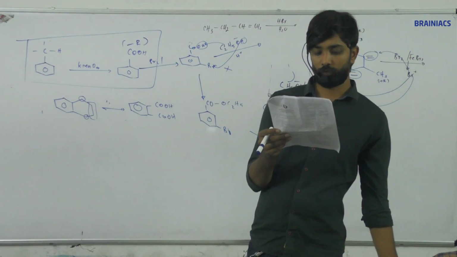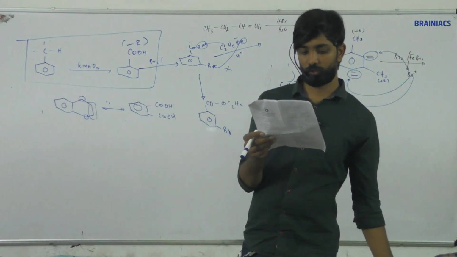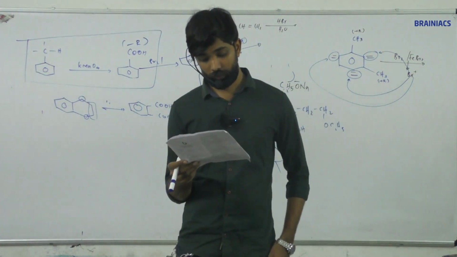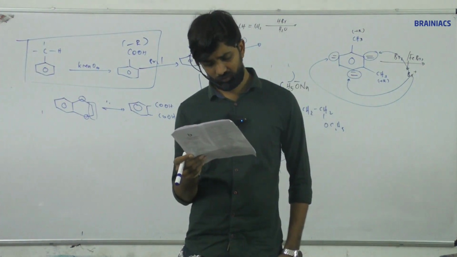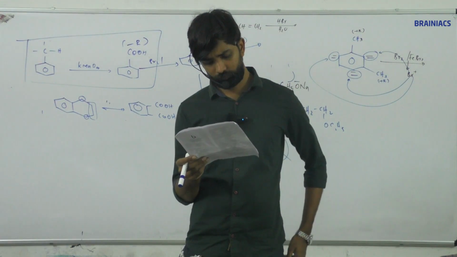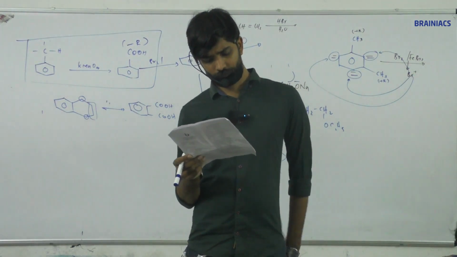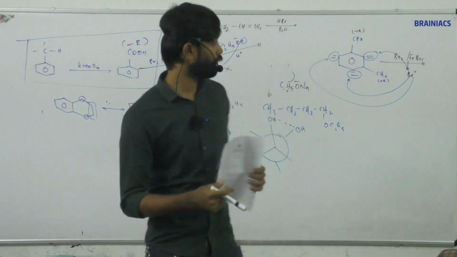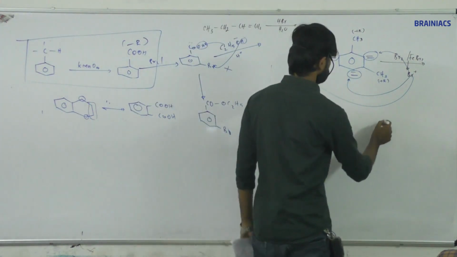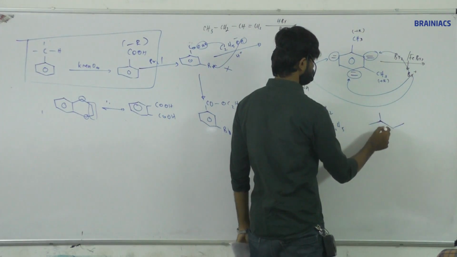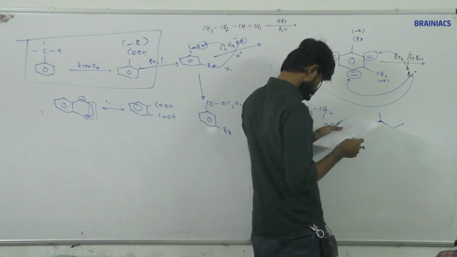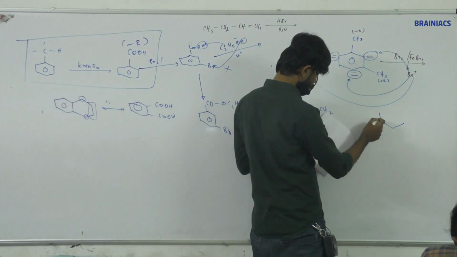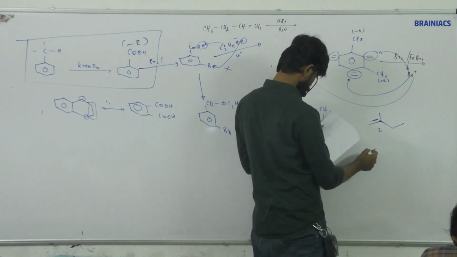Which of the following compounds with the molecular formula C5H10 yields acetone on ozonolysis? First one is 2-methyl-butene.